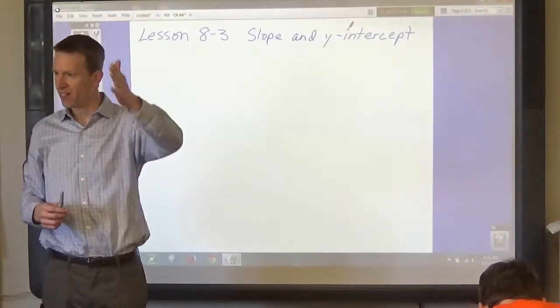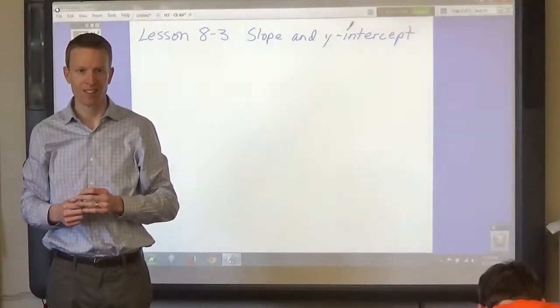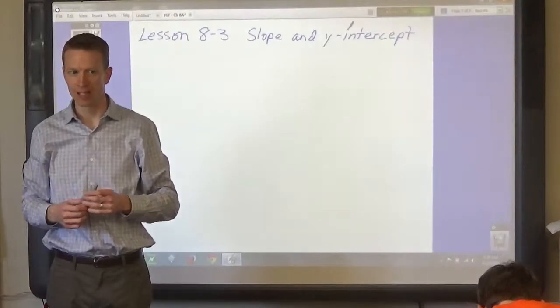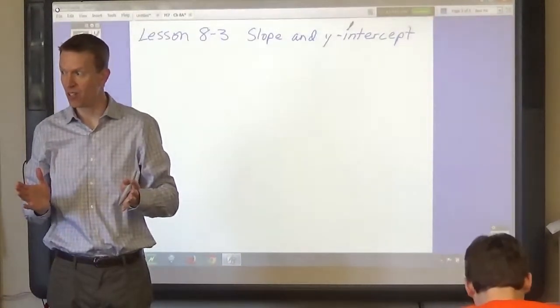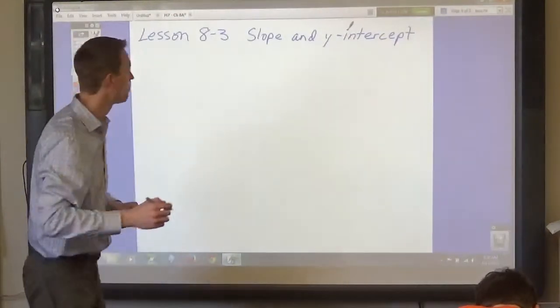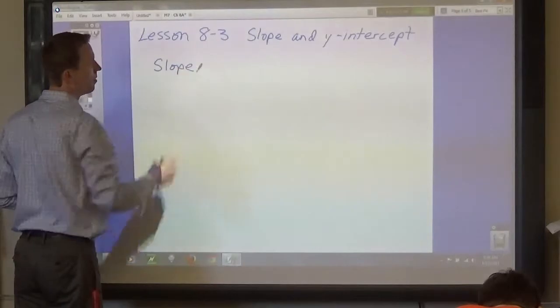A straight line. Vertical. A vertical line, right. And that's called an undefined slope. Because it's not a function, is it? It's not a function.